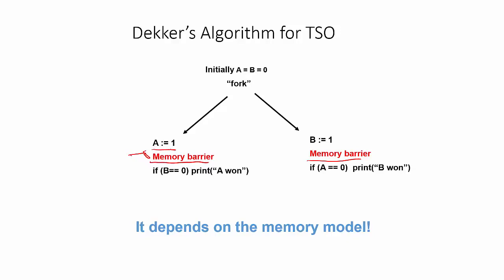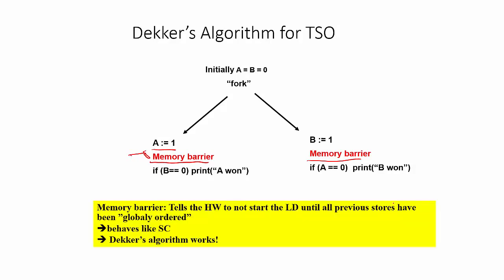In the TSO model, it means that you have to wait until the write buffer has drained. And then this one will work. So the memory barrier tells the hardware not to start the load until all previous stores have been globally ordered. This means that this algorithm behaves like sequential consistency while these memory barriers are in place.